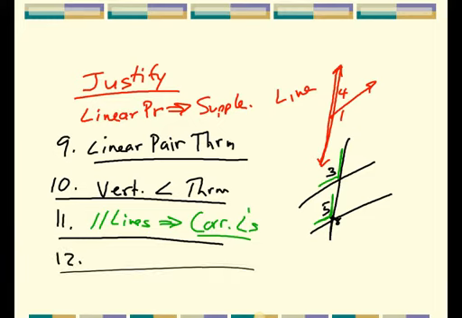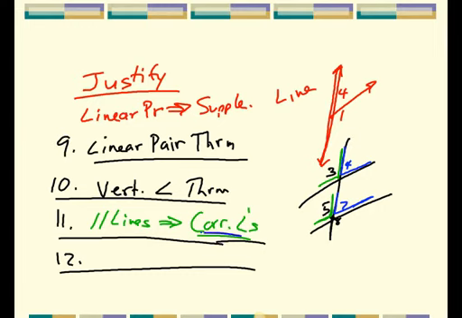All right, 12 should look very similar to that. So if you take a look at that one, the only difference here, we focus on angle 4 and 7. And now those two angles are also corresponding. So again, we're talking about a pair of corresponding angles. But this time we're starting with the angles.